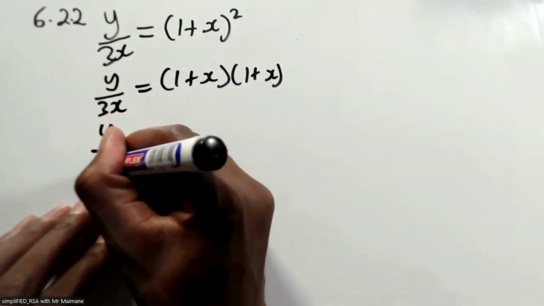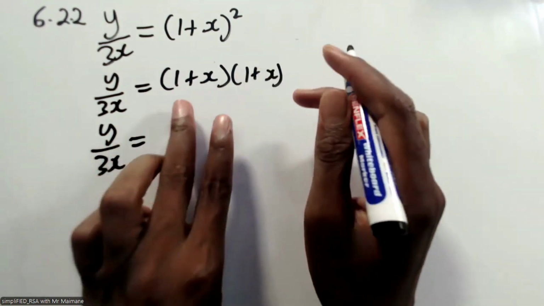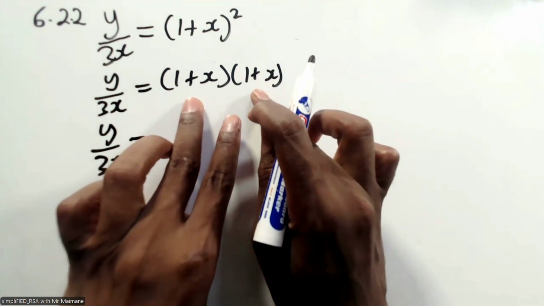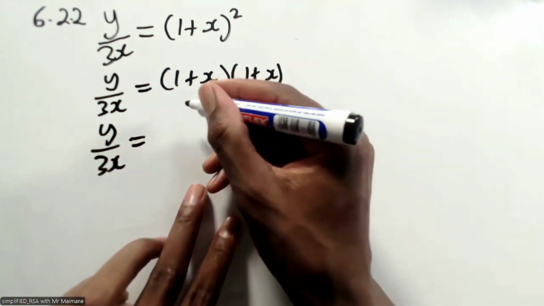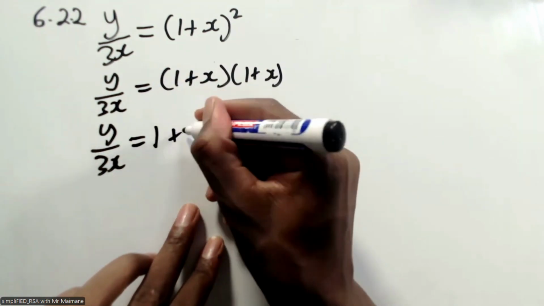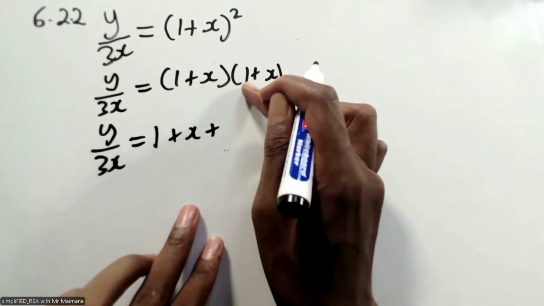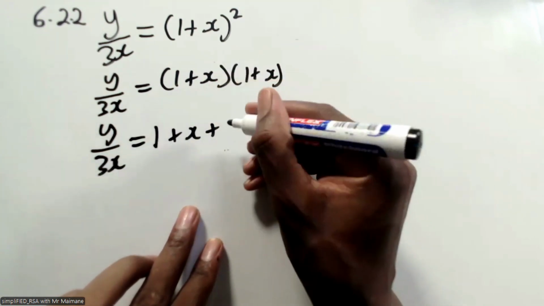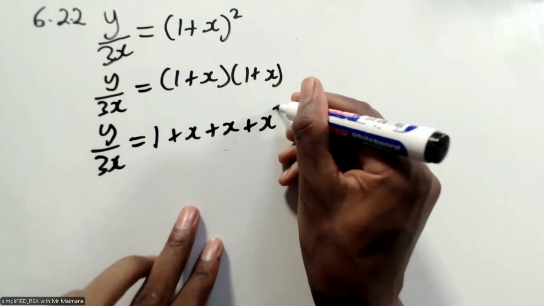Furthermore, if I use FOIL to simplify this part, I would have 1 times 1, it would be 1, 1 times x, it would be plus x, plus x times 1 is going to be x, plus x squared.